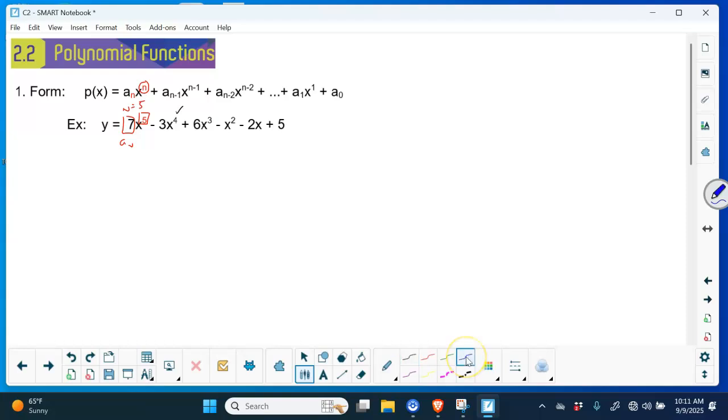So this last term is just simply a number, a constant. And again, we never show the x to the first power. That would usually just be x, but I put the 1 there just to emphasize, right? So the a's are the coefficients of the independent variable, and the n is the power. And so n is the highest power.